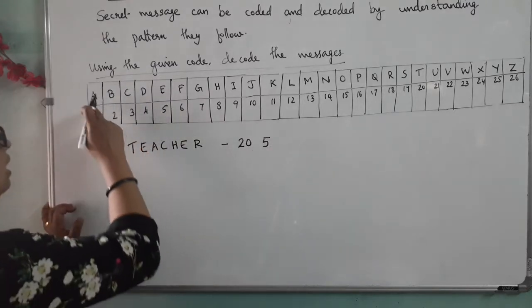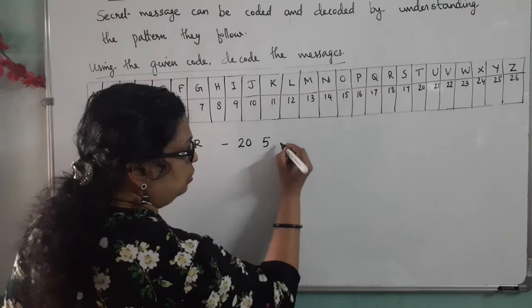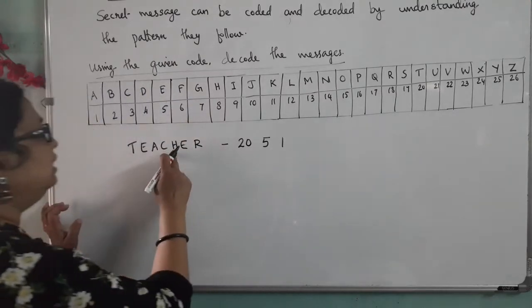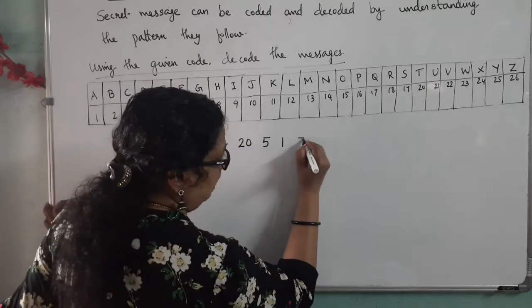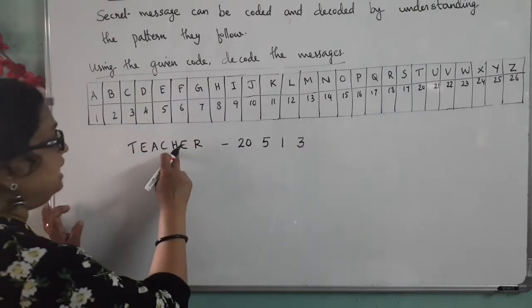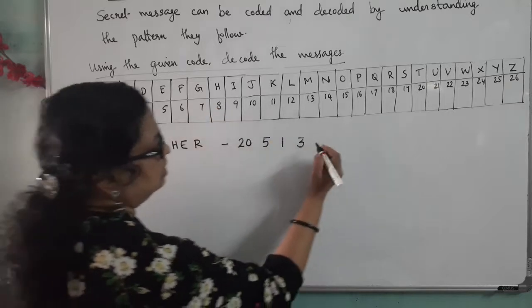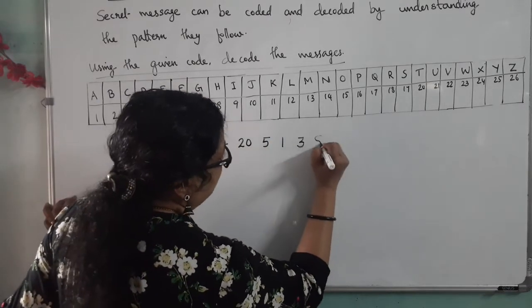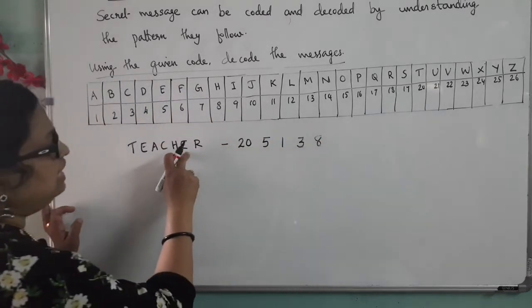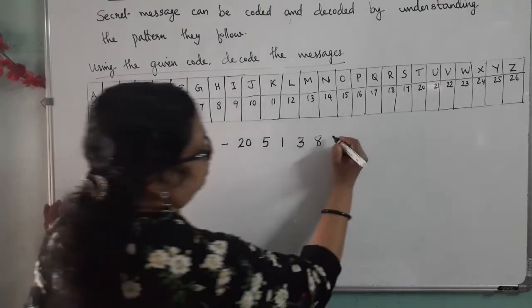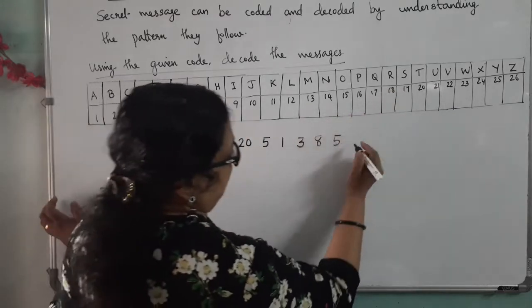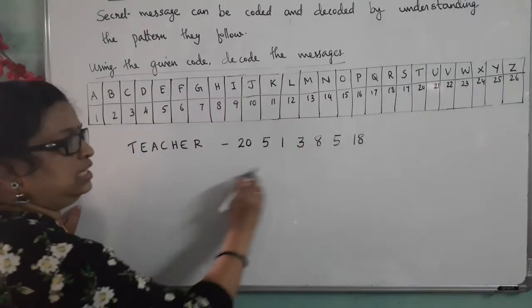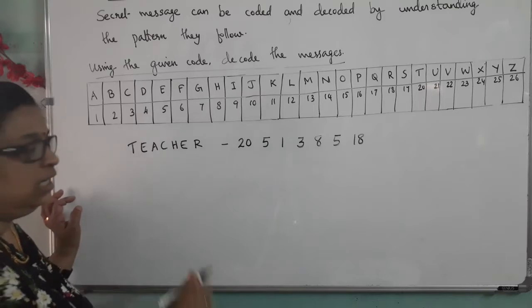Then A is 1. Then C is 3. Then H is 8. And E again 5. Then R is 18. In this way we can decode so many letters.